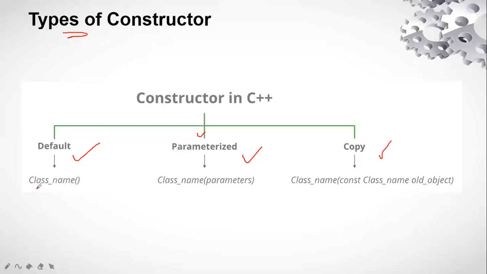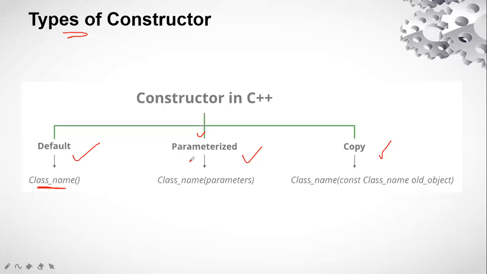As I told you, the name of the constructor will be the same as the class name. If the class name is vehicle, the constructor name is also going to be vehicle, with empty parentheses. That means no parameters are passed in this constructor. That is called a default or non-parameterized constructor.